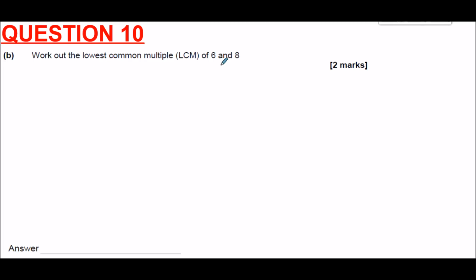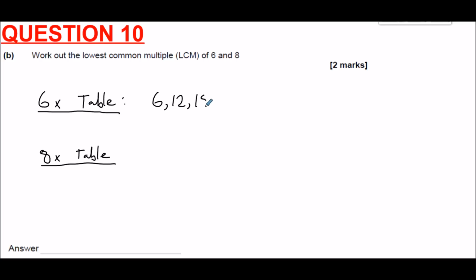10b, work out the lowest common multiple of 6 and 8. All this means is the smallest number which is in the 6 times table and the 8 times table. And so let's just list them. So 6 times table, the first number is 6, and 12, 18, 24, 30, 36, and so on forever.